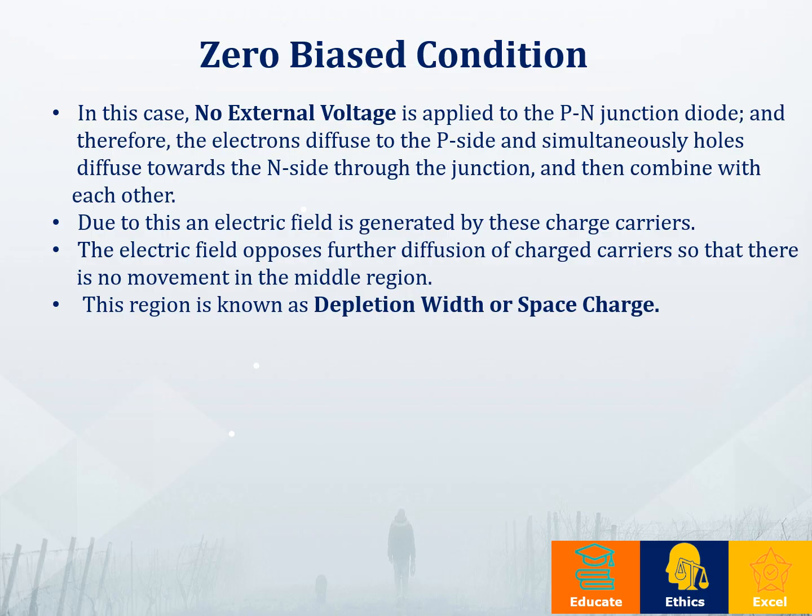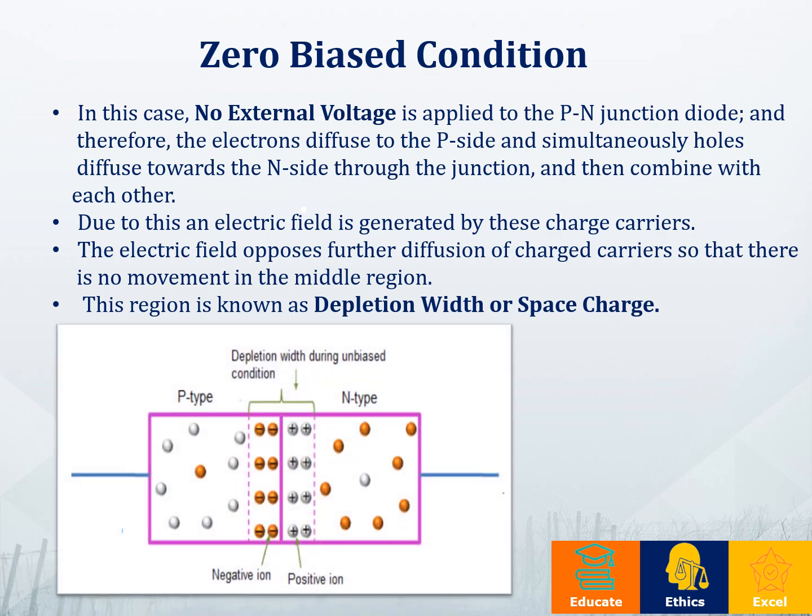We will see the zero bias condition. When no external voltage is applied to the PN junction diode, as stated already, the electrons diffuse to the p-type material. Simultaneously, the holes diffuse into the n-type material. They combine with each other. Because of this, an electric field is generated by the charge carriers.